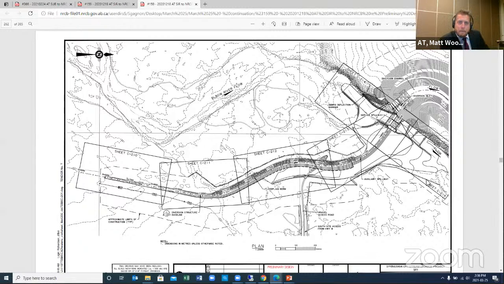So what's the answer to my question? I will say, and Matt, this is John Menninger, that in that scenario, if the auxiliary spillway is activated, we're looking at an event that's in excess of a 500-year flood.